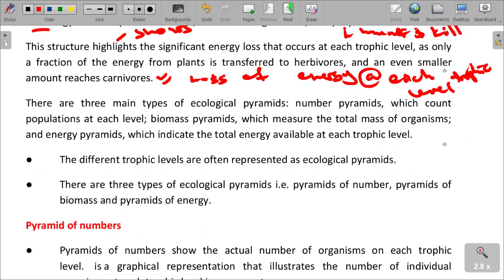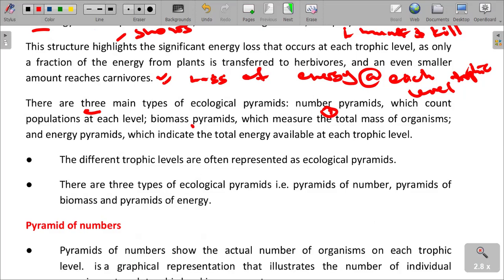There are basically three types of ecological pyramids. One, the pyramid of numbers, which counts the population at each level.